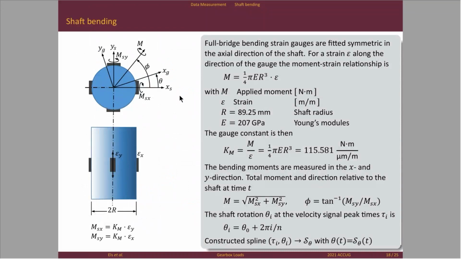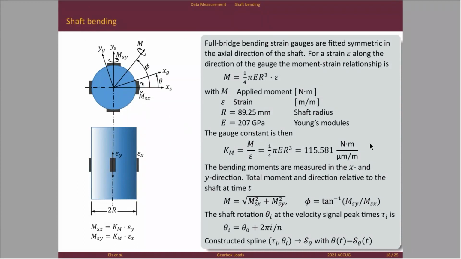The final measurement that we did was shaft bending. In this instance, we have measured in two axes, an X and a Y, the bending in order to add it up to get the total bending moment.